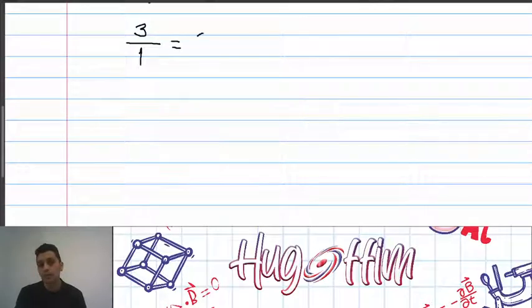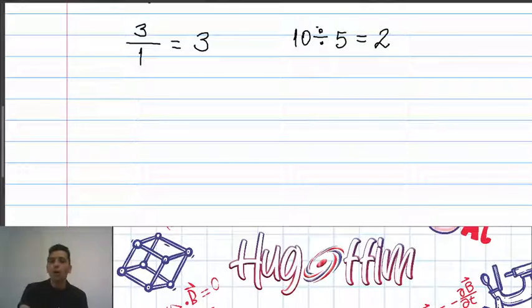So for example, 3 over 1 is going to give us 3. 10 divided by 5 is going to give us 2. So if we have multiples, we can divide them. But what happens when they are not multiples? Like, for example, 3 and 2. Or 3 divided by 2.